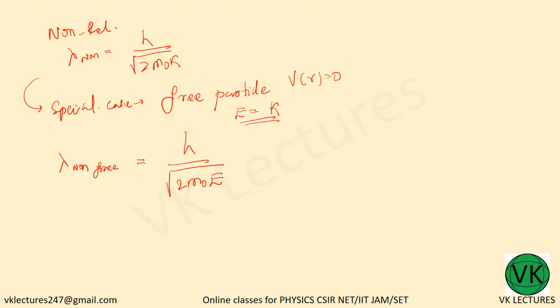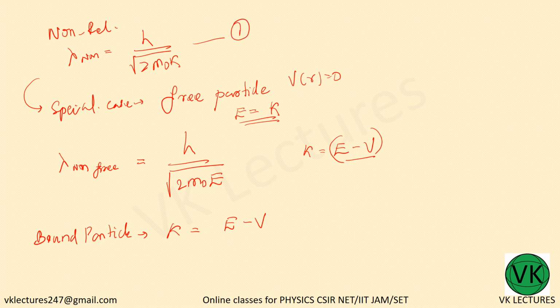Now, for a bound particle, what is kinetic energy? Kinetic energy for a bound particle is nothing but total energy minus V. For a bound particle, kinetic energy is equal to total energy E minus V. So just substitute here in this first equation.